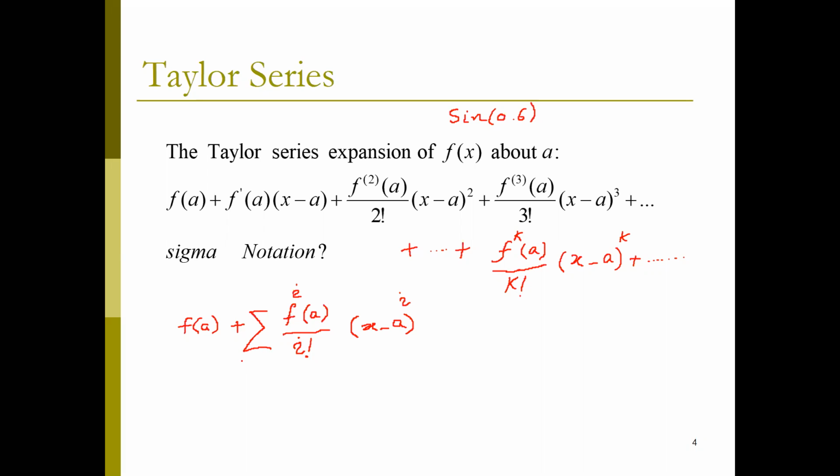Summing starts from 1 and goes up to infinity if it is an infinite series. If we represent this by the kth term only, you can write it from 1 to k. So this is called the expansion of the function by Taylor series.